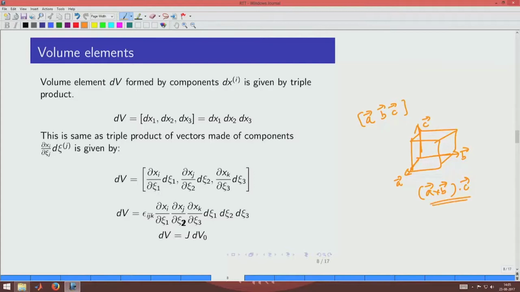You can see that it gives you the volume of this entire control volume that we see.